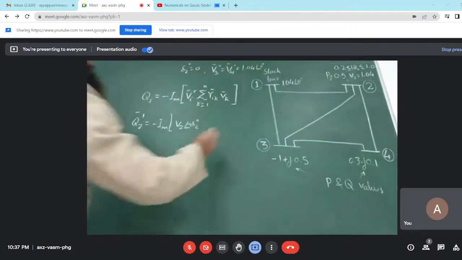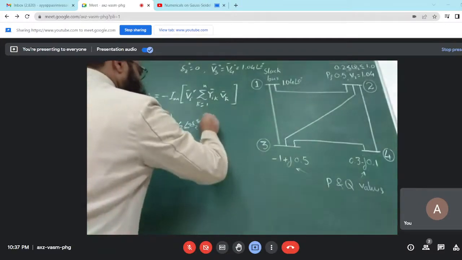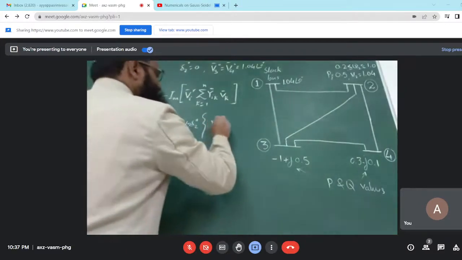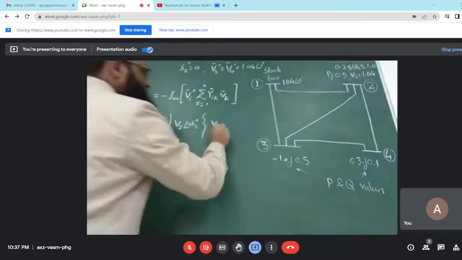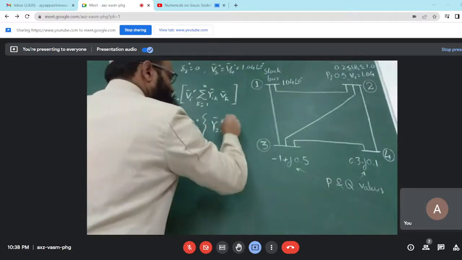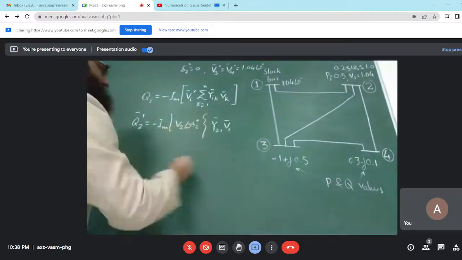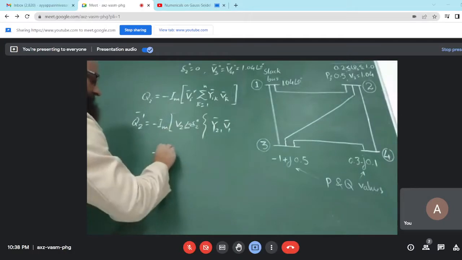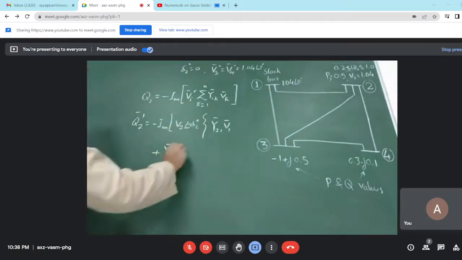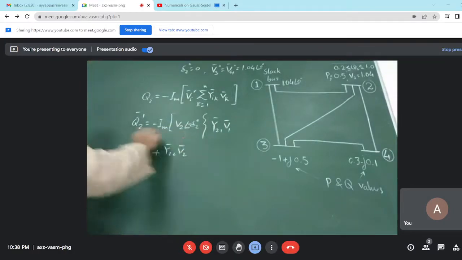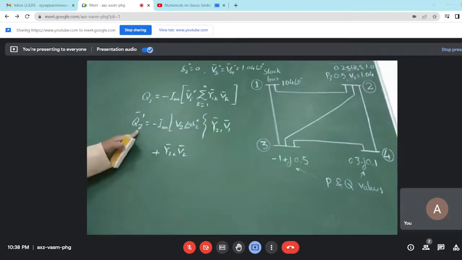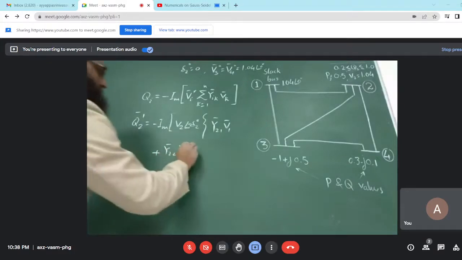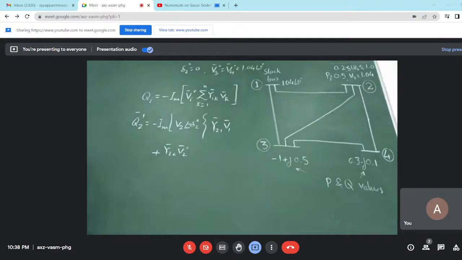Put the values. Take i as 2. So Y21 V1 plus Y22 V2 0.